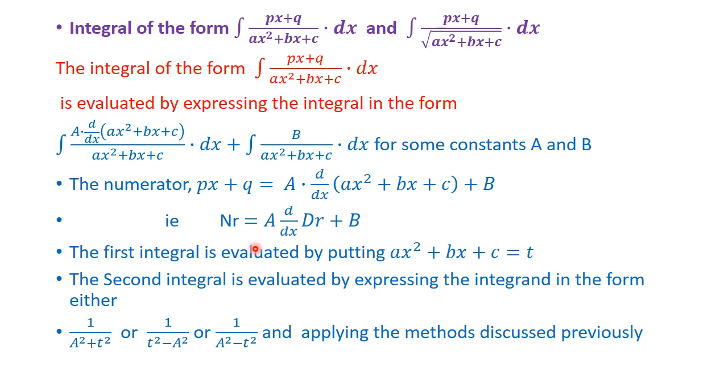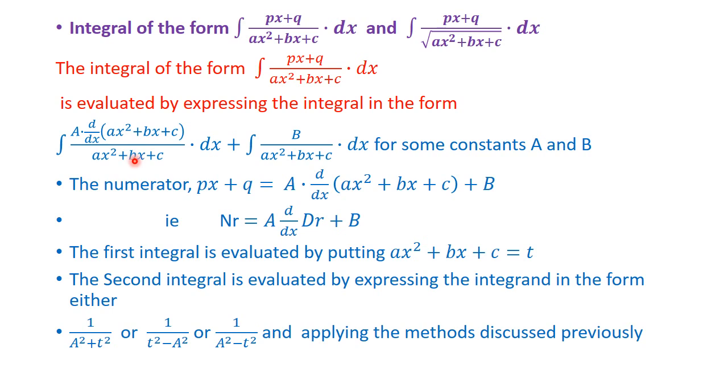Now taking this derivative and comparing the terms of x and constants, we will have the values of a and b. Then substituting in this way and using the standard results, we will have the required answer. The procedure is that the first integral is evaluated by putting ax square plus bx plus c equal to t, because the numerator is obviously the derivative of the denominator.